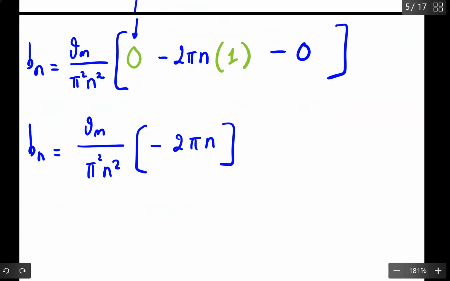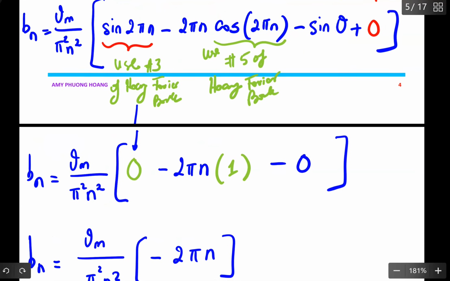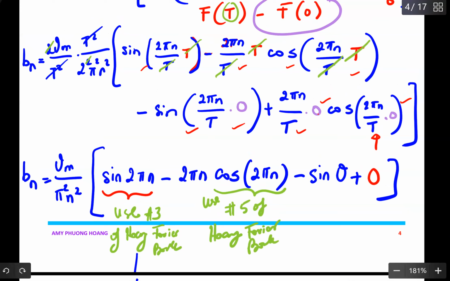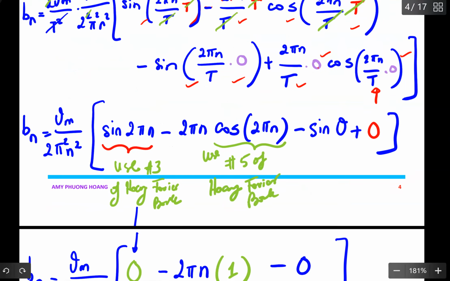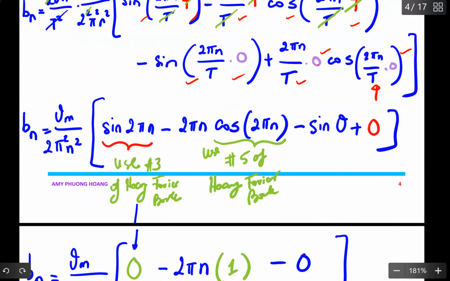Okay, so let's simplify to see what we get. Up here, I think I'm missing a 2. Okay, I will write the 2 back in. I'm missing the 2. You see that? It's right here. I have the 2.